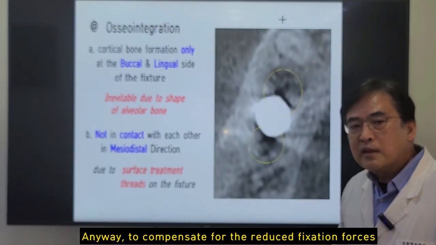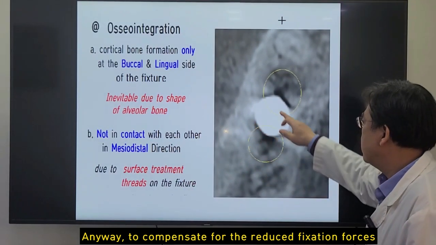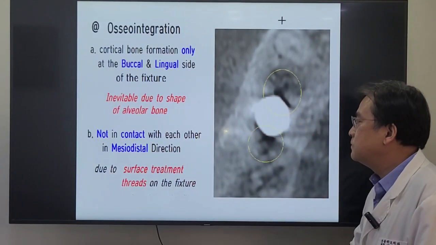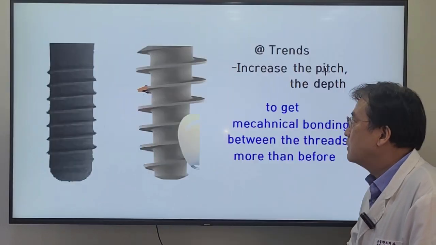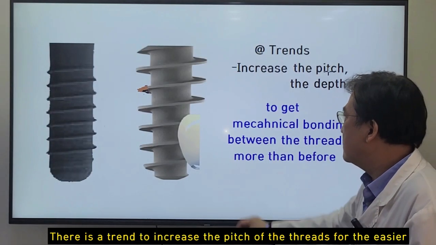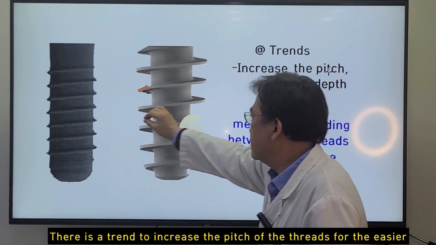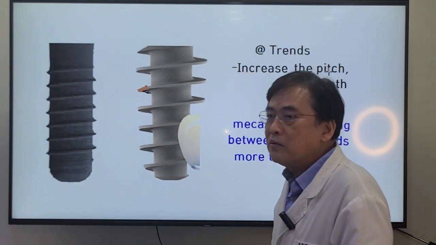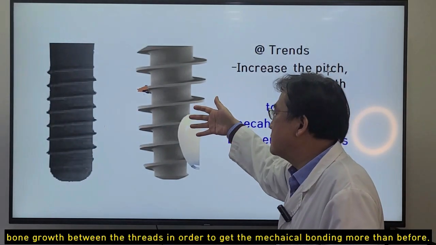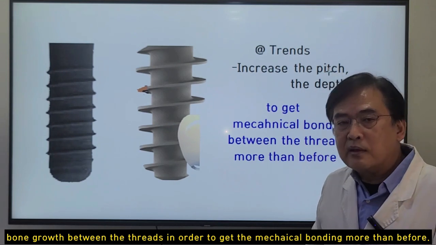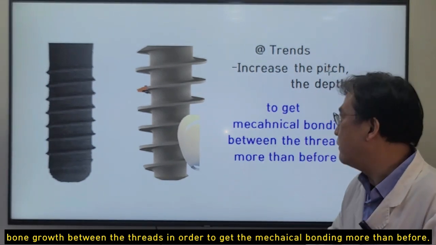Anyway, to compensate for the reduced fixation forces, there is a trend to increase the pitch of threads for easier bone growth between the threads in order to get the mechanical bonding more than before.